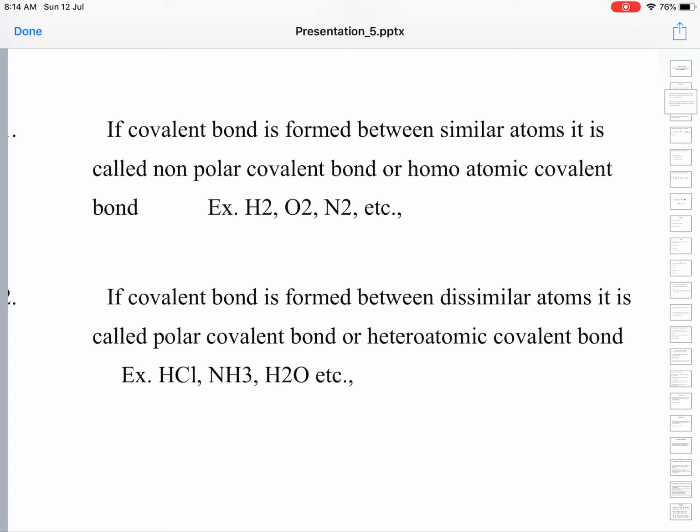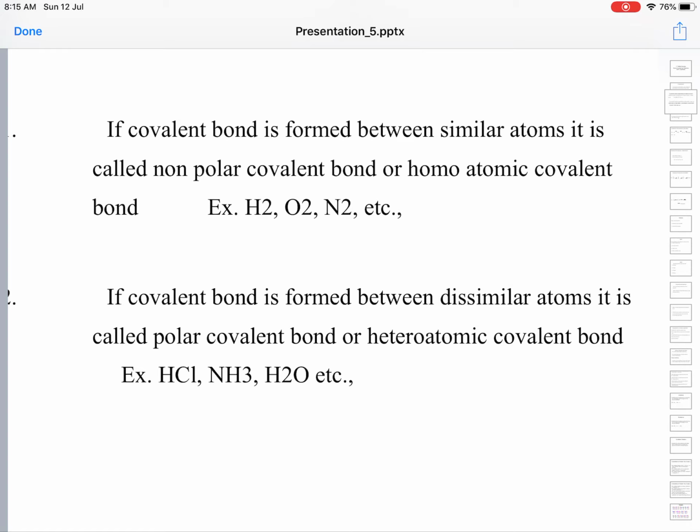So it will form a non-polar covalent bond. If it were to be shared more by one atom and less by another atom, it leads to polarity. Okay, we'll discuss that later. So if a bond is formed between similar atoms, it is called non-polar covalent bond or homoatomic covalent bond. Examples: H2, O2, N2, etc.